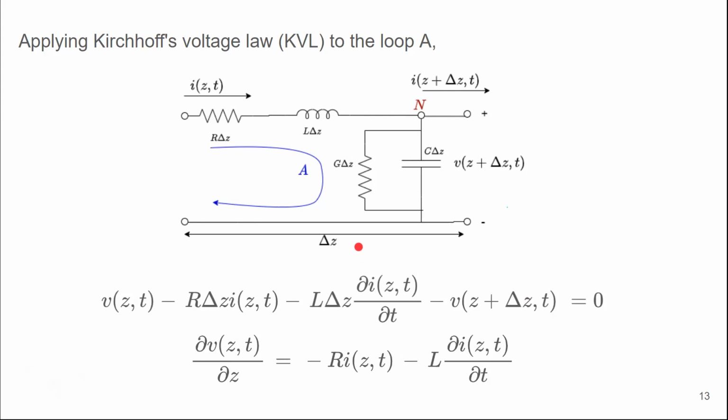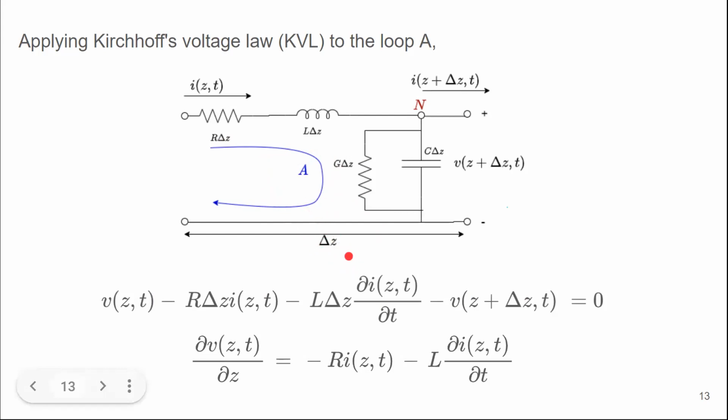Kirchhoff's voltage law we can apply to a loop inside the circuit, and we can derive a connection between the voltages, and we can simplify and find some important equations from the derived outputs.